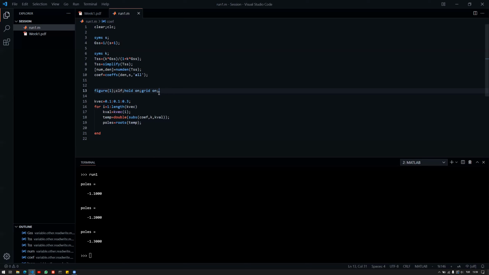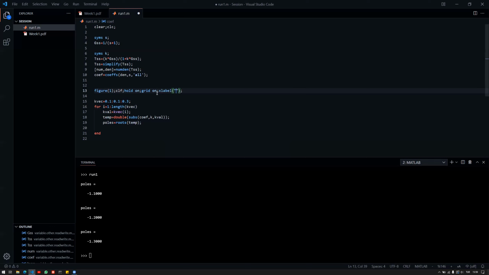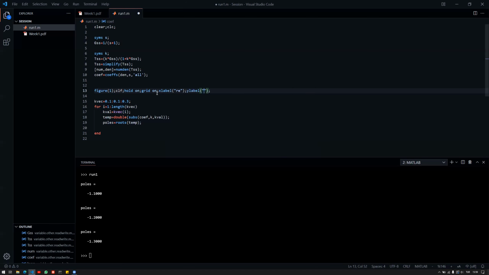And that's basically it. So you can also have some customization here. This means that I will have, for example, the real part as the x-axis, and the y-axis should be basically the imaginary part. You can call this also sigma and j omega. It depends on what you really want to do. And an interesting thing about Matlab is that it has some LaTeX support.